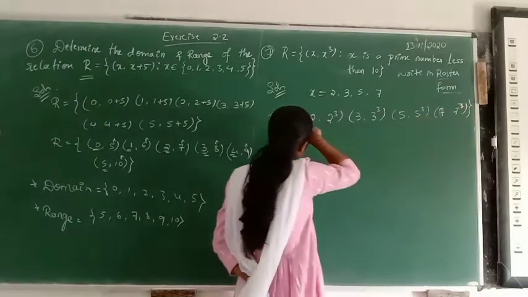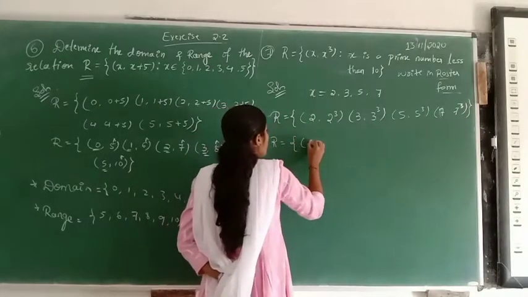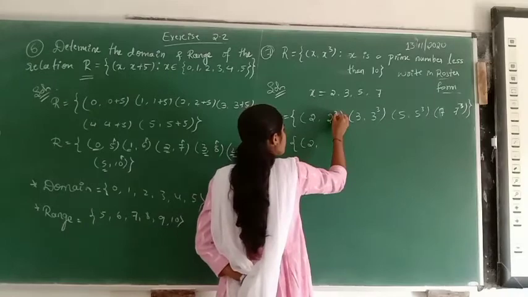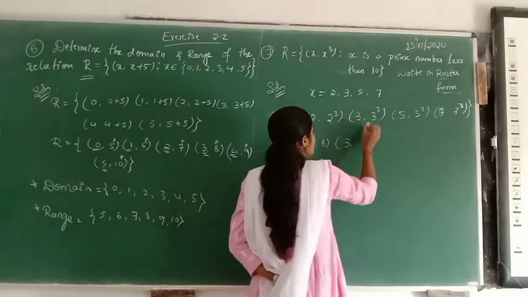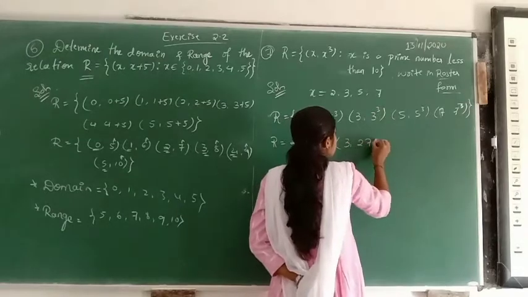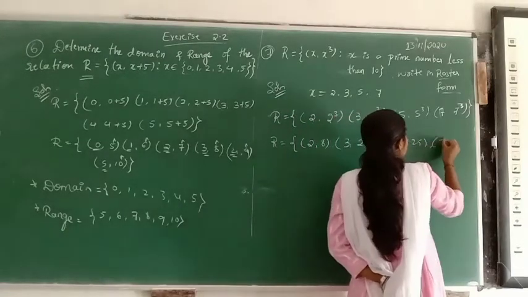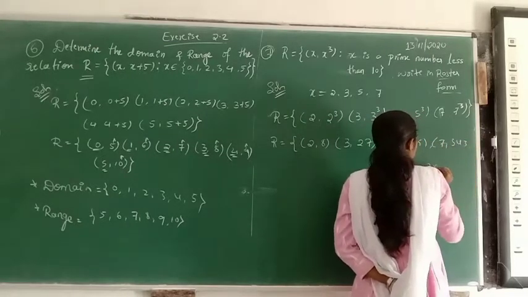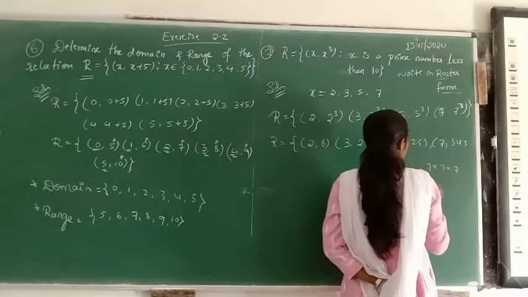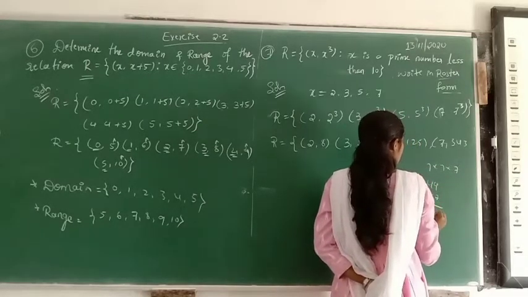Now write it. The relation R is equal to {(2, 8), (3, 27), (5, 125), (7, 343)}, where 2 cube is 2 into 2 into 2, that is 8, and 7 cube is 7 into 7 into 7, 49 into 7, that will be 343.